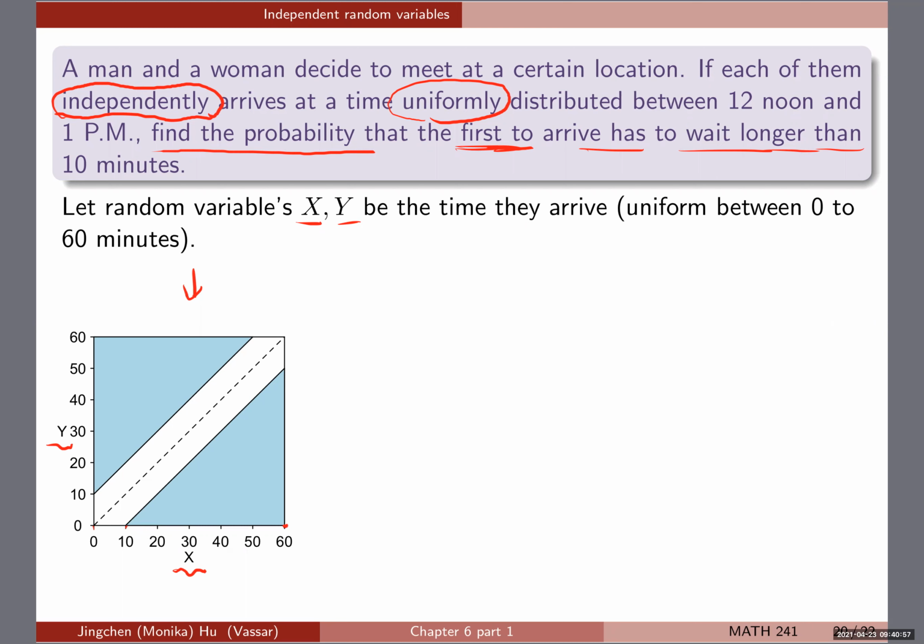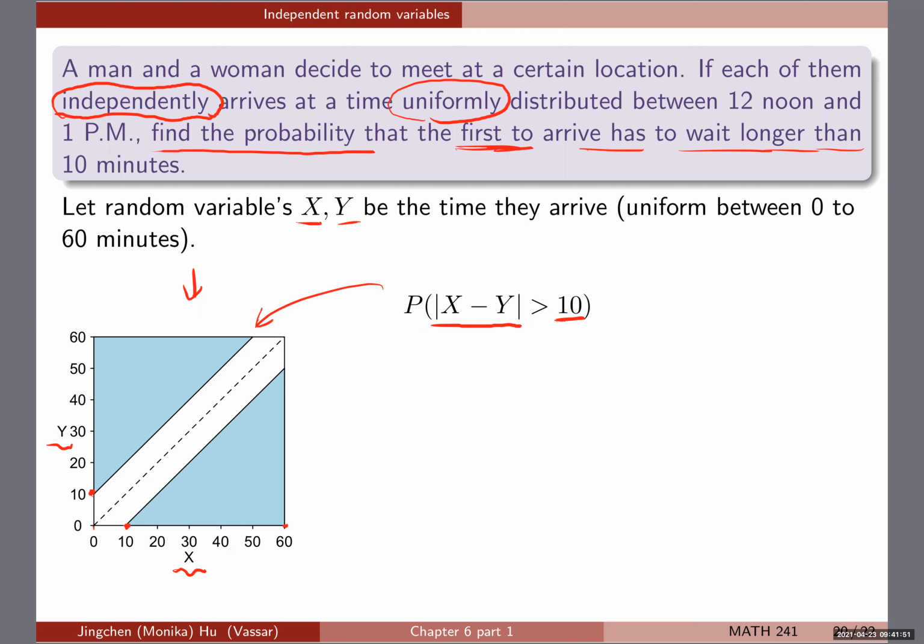We are showing you a graph here, and we're figuring out these two tens over here. Mathematically, we're trying to figure out the probability that the absolute value of the difference of X and Y is greater than 10. So with this, let's come back to this graph one more time.